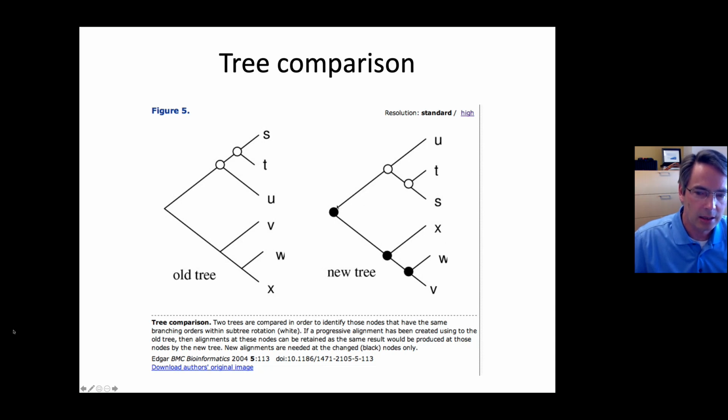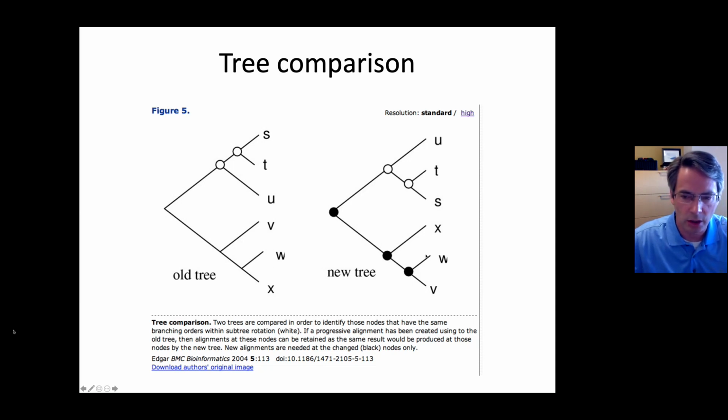In this case, the guide tree says that W and V are more closely related to each other than X is. So this section of the tree actually has some different patterns of similarity, like these sequences are more similar than just counting the k-mers said that they were.